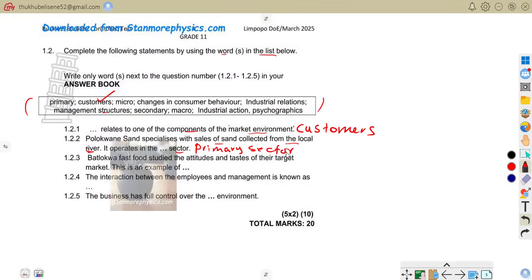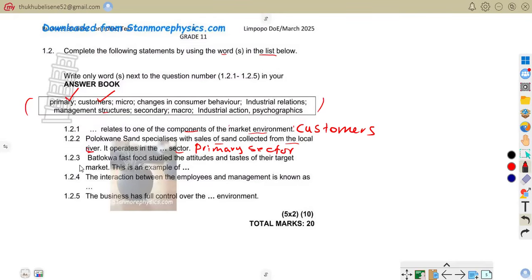This is the extraction of natural resources, because Polokwane Sand just extracts the sand from that local river. So that is a primary sector. Now let us move on to 1.23.